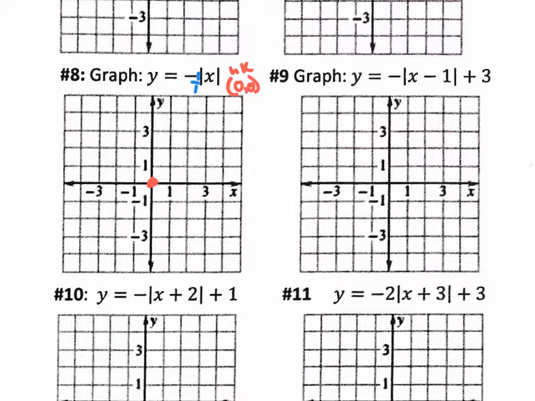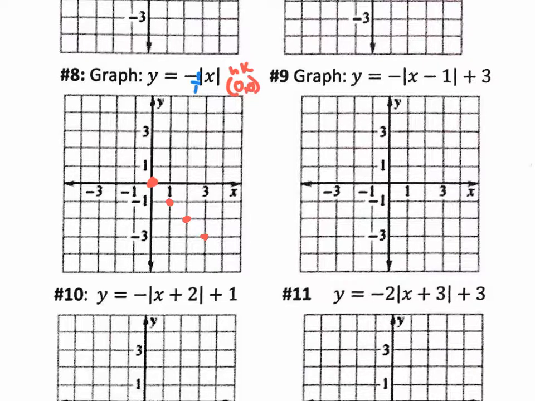So according to our notes, you have your highest point here, and from this point you go according to your slope, according to your A value, down 1 over 1. So you put a dot right there. And you know that it continues to go down 1 over 1, down 1 over 1. And you know that this is a V. It's going to be a graph of a regular V, and it's going to end up opening down because it's negative.